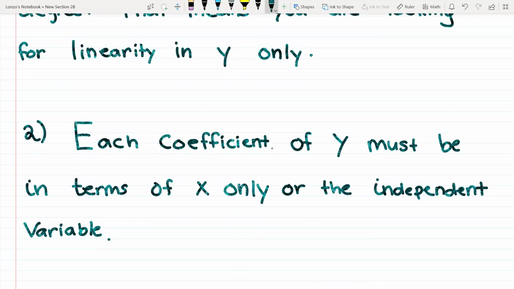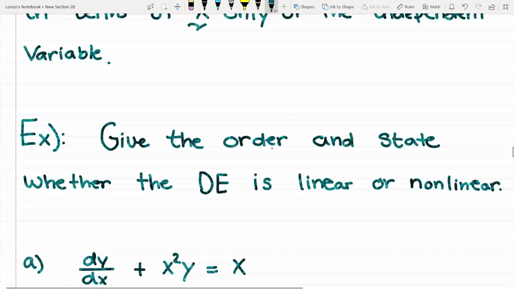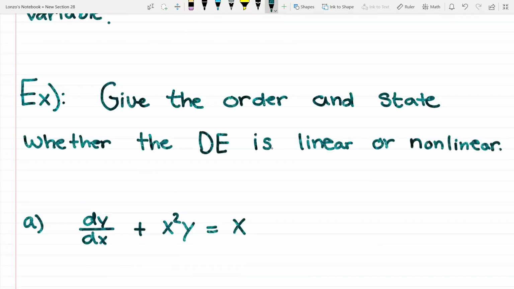So it doesn't really have to be in terms of x, as long as it's not the same letter as the dependent variable, if that makes sense. So let's look at an example. Give the order and state whether the differential equation is linear or nonlinear.